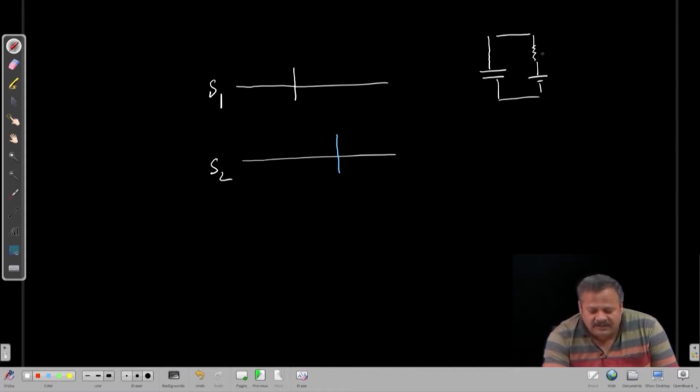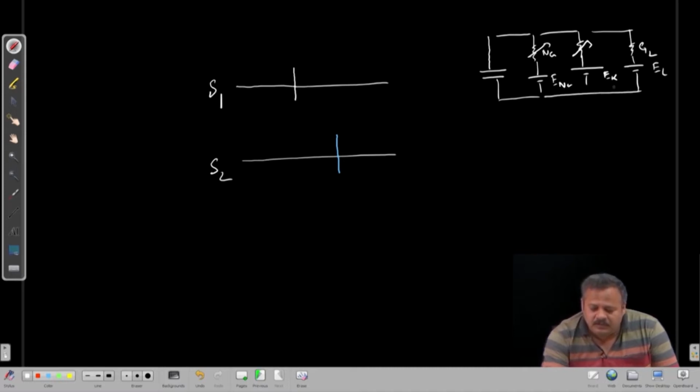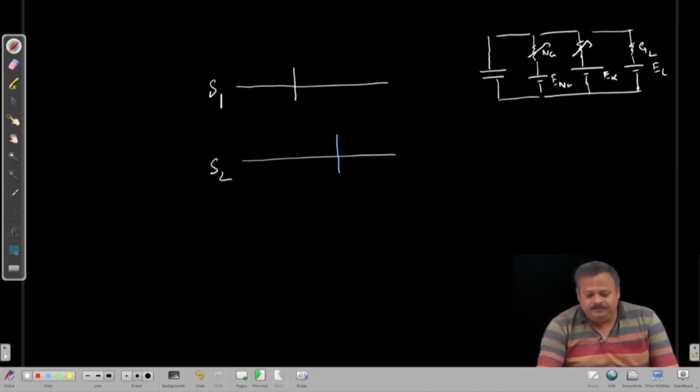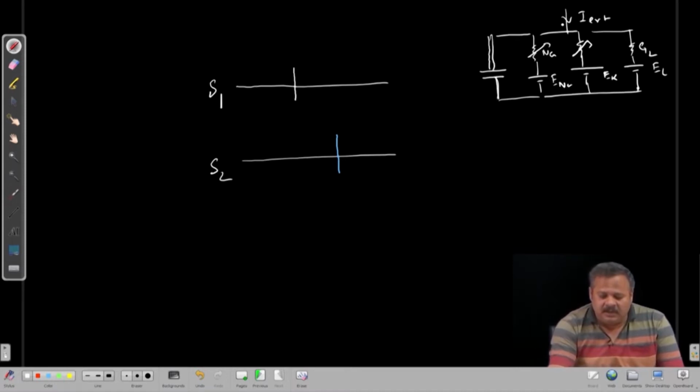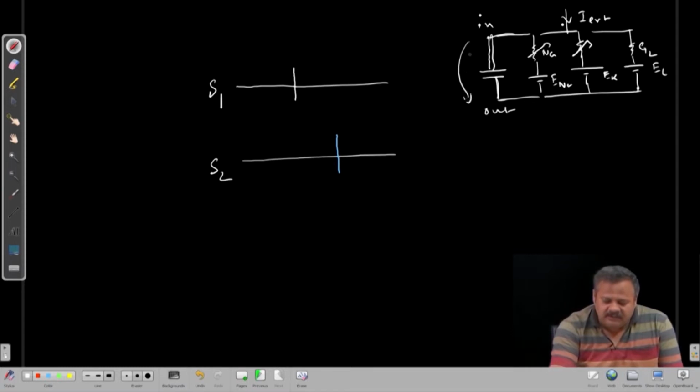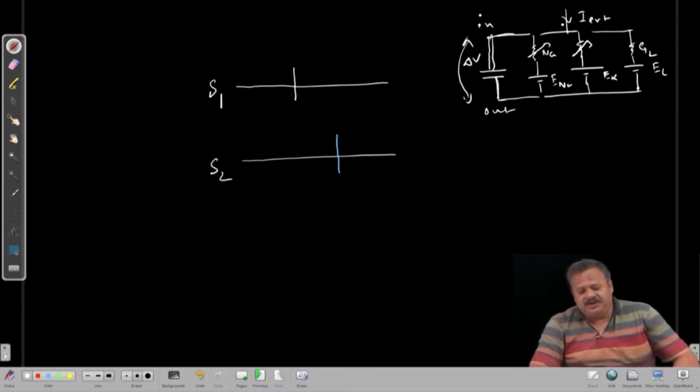Let us say this is a sodium branch, and then we have a potassium branch with E_Na and E_K, and G leak and E leak, and so on. And this is our I external, that is the input that is coming in, and this is the inside and this is the outside, and the difference is delta V, the membrane potential.